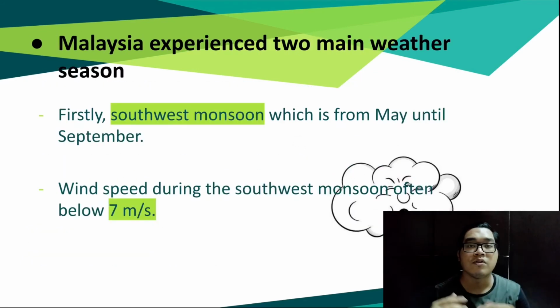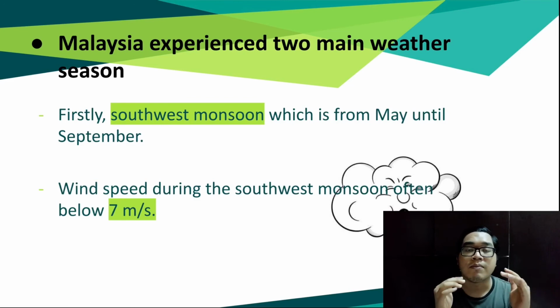For the next point, Malaysia experiences two main weather seasons. The first is the southwest monsoon, which occurs from May until September. Basically, the wind speed during the southwest monsoon is always below 7 meters per second.